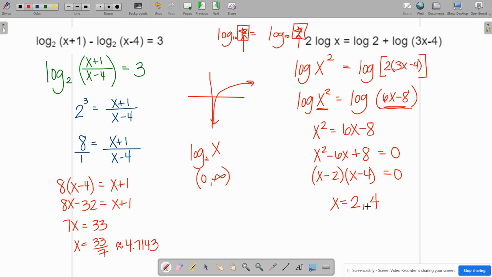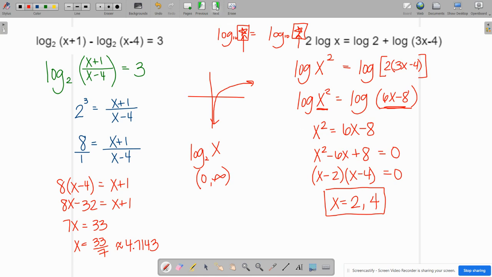So you want to make sure that when you're plugging these numbers in, you're not going to end up taking the logarithm of a negative. So let's say if this had been a negative 4 here, well, here we'd be trying to take the logarithm of, well, let's say over here, 3 times negative 4 is negative 12, minus 4 more, that's going to be a negative number that you're not going to be able to take the logarithm of. So in that case, that answer wouldn't actually work. But I will tell you that these two actually do both work, so you should be good with that.